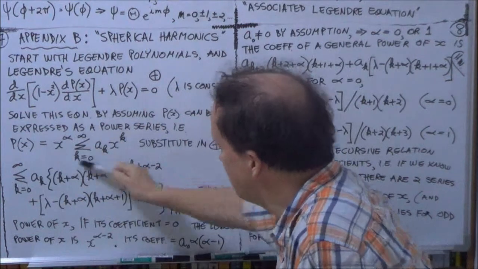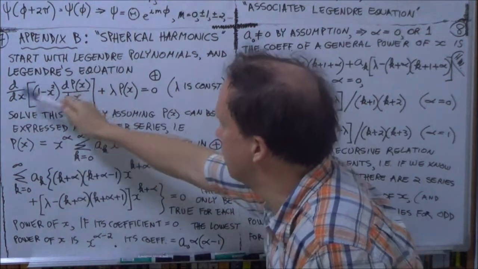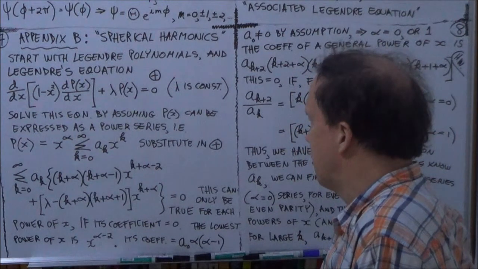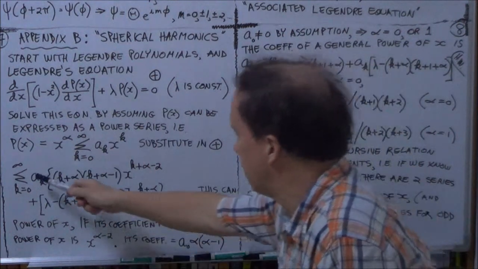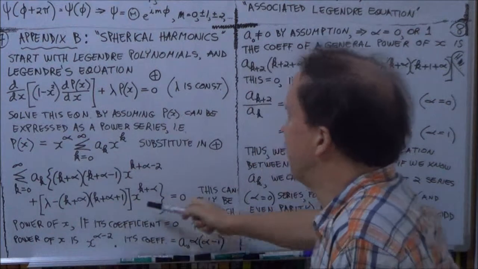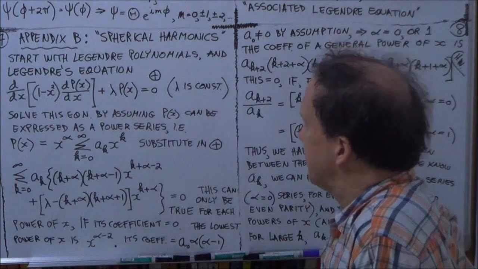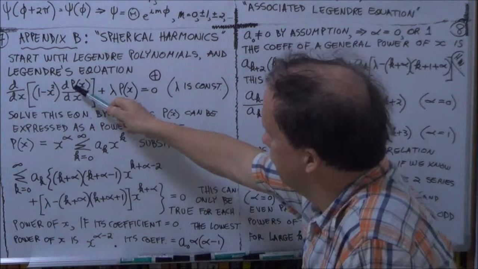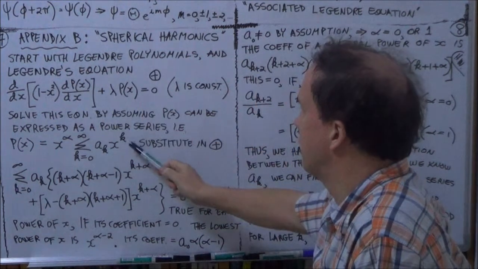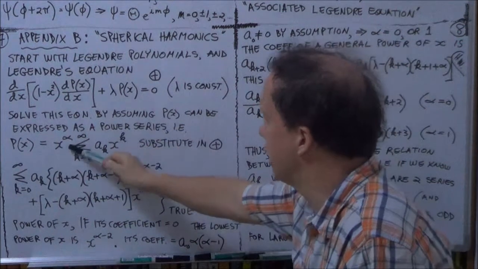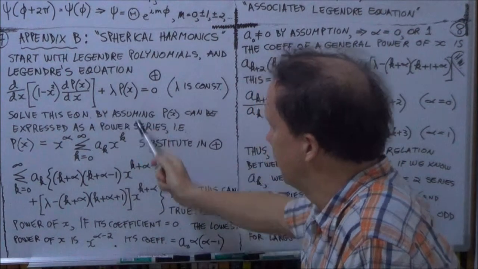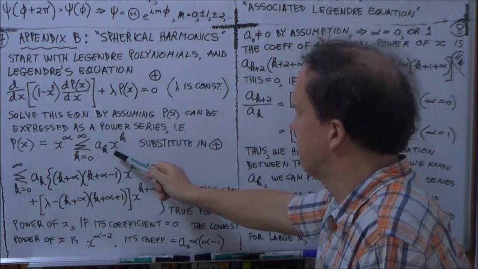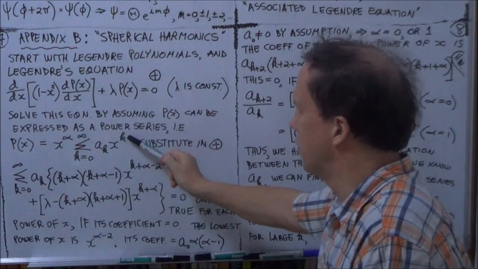So put this value for P, plug it into here. You differentiate, and you will get something. It's a bit more complicated, something of this form. So if you differentiate P with respect to x, you'll get a k coming outside, and then you'll get x to the k minus 1 term here.